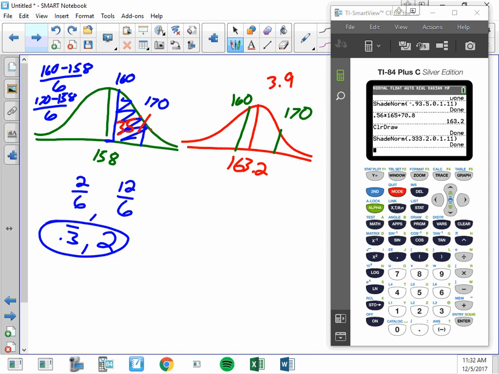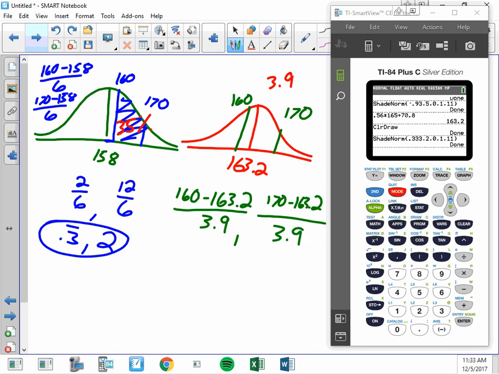I need to calculate two z-scores. 160 minus 163.2 over 3.9. And the other one will be 170 minus 163.2 over 3.9. My first one should be negative, and my second one should be positive.